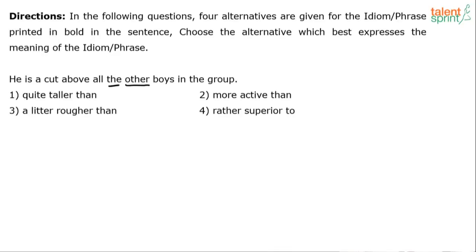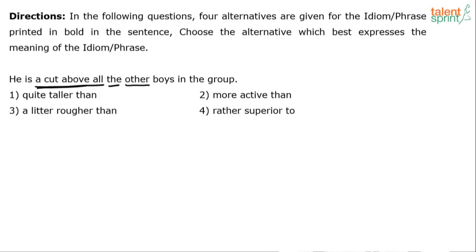So what is the meaning of a cut above? Someone who's quite taller than? No, it does not deal with being tall or short in any way. More active? Again, nothing to do with agility or activeness.